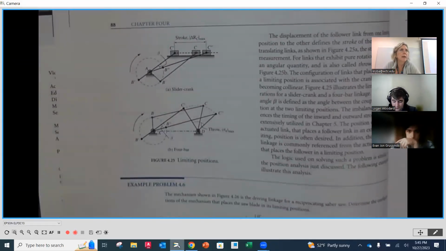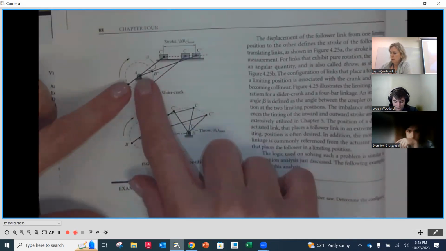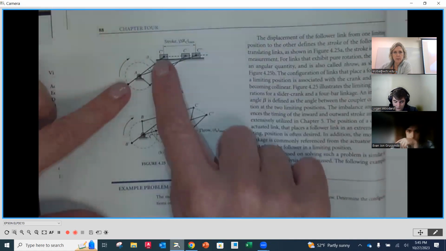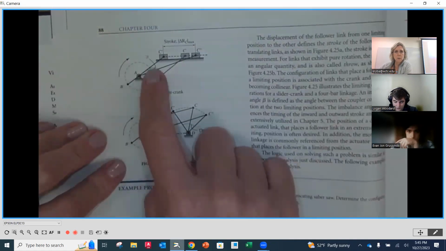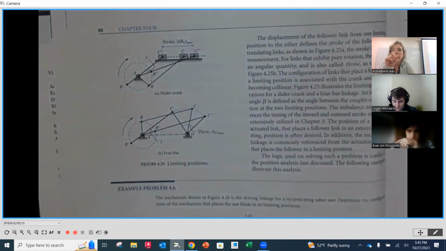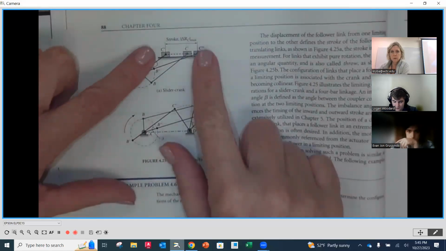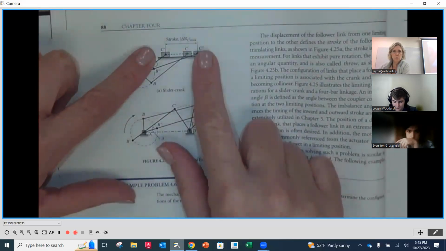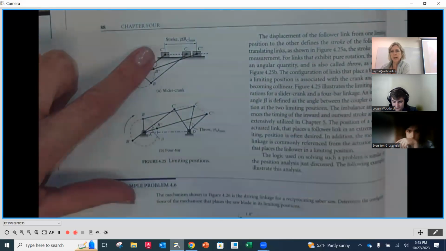In the case of a crank slider mechanism, the stroke is the difference between the furthest out position and the closest position as the crank goes around its full circle. As the crank goes around the full circle, we call that a full cycle. The difference between those two is called the full stroke. That's the full displacement that we're going to have.